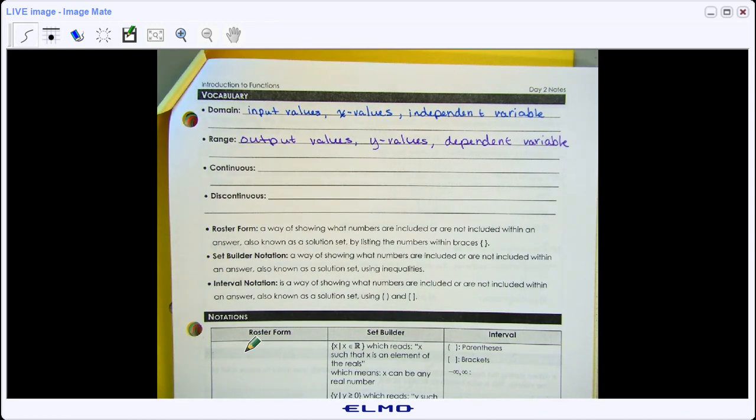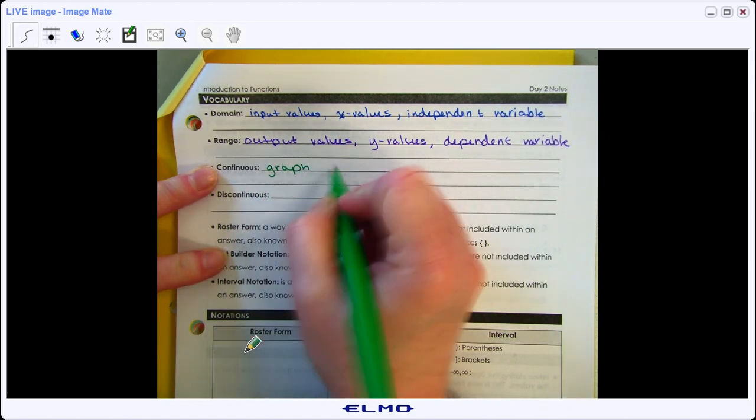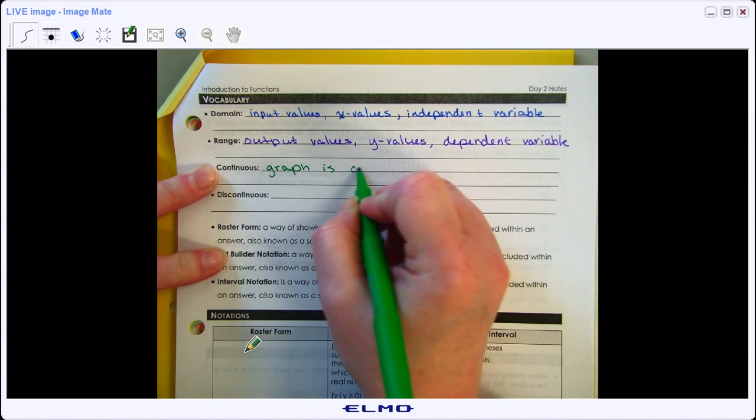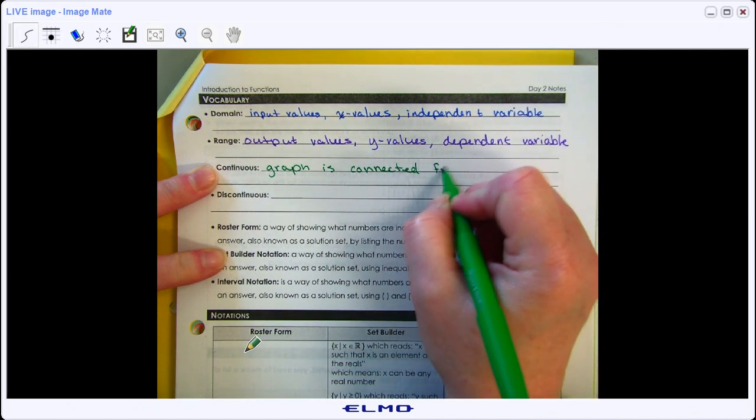So then a couple of new words for us today are the terms continuous and discontinuous. We're going to be looking a lot at graphs both today and the next several days as we go through this unit. So the term continuous means that the graph is connected from start to finish.